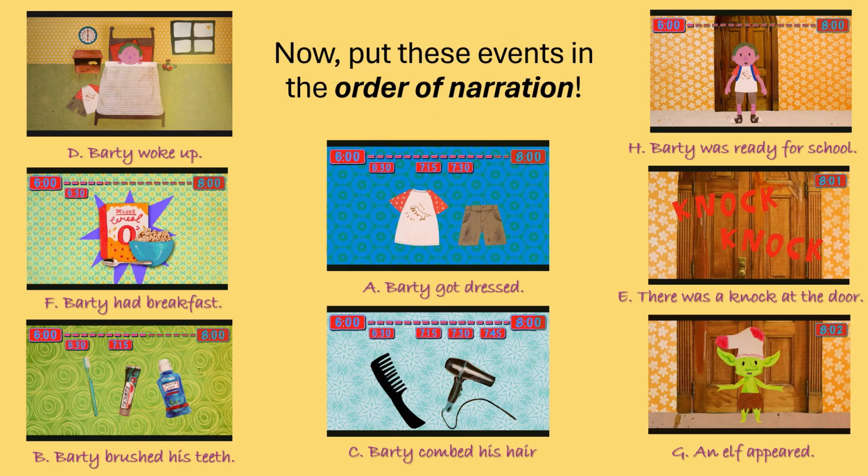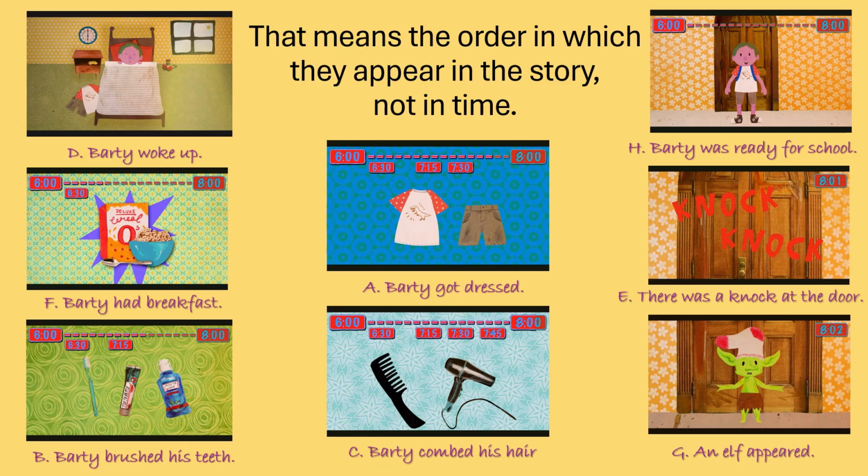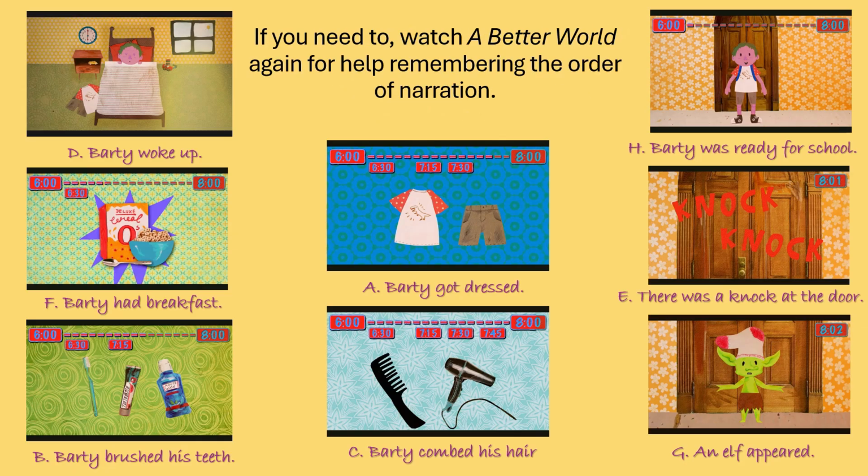Now we're going to put them in the order of narration. That means the order in which they appear in the story, not in time. If you need to, watch A Better World again for help remembering the order of narration. Pause this video and write your answers down.